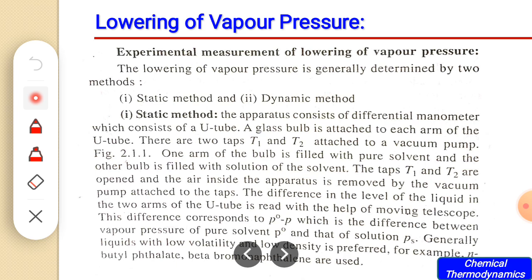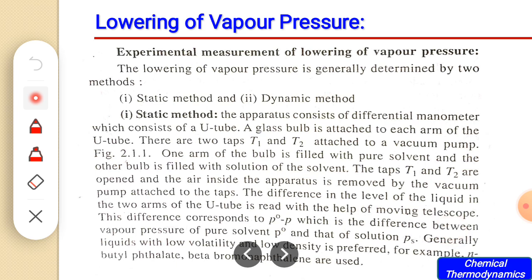One arm of the bulb is filled with the pure solvent and another bulb is filled with the solution. Then the taps T1 and T2 are opened and the air inside the apparatus is removed with the help of the vacuum pump. The difference in the level of the liquid in the two arms of the U-tube is read with the help of a moving telescope.